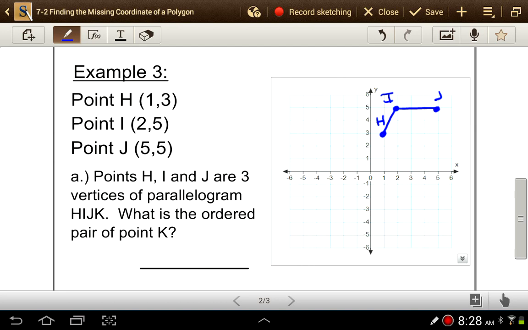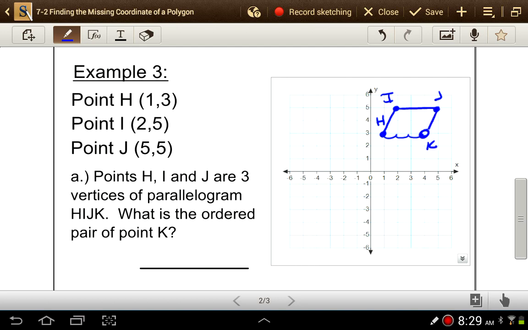Well, to find my next point, I'm going to use my 7.1 work, where I count over my spaces. From I to J is 1, 2, 3 units. It means H to the mystery point K also has to be 3 units because opposite sides are the same length. So from H to K, I'm going to go 1, 2, 3 to the right, and that's going to put K right there.